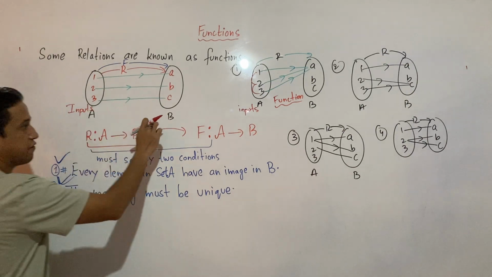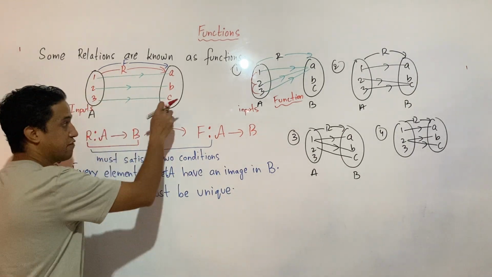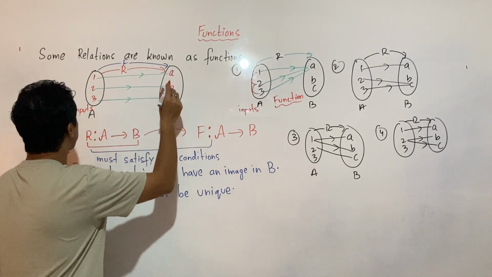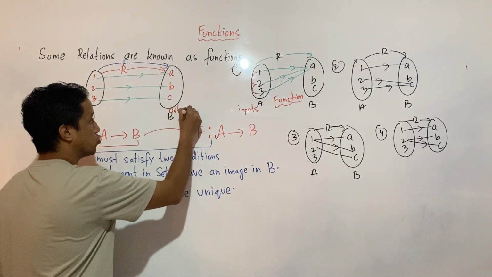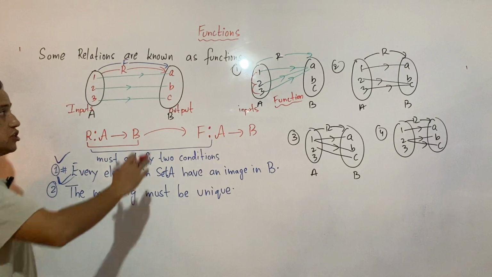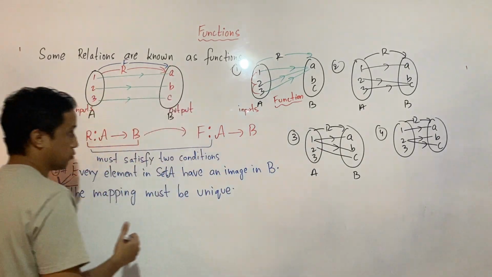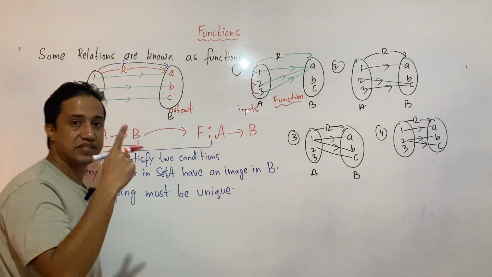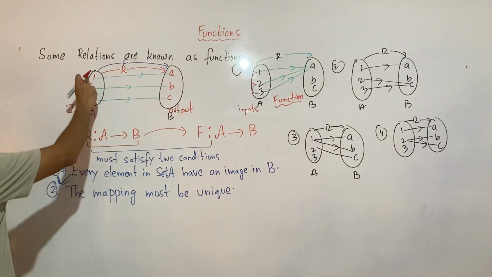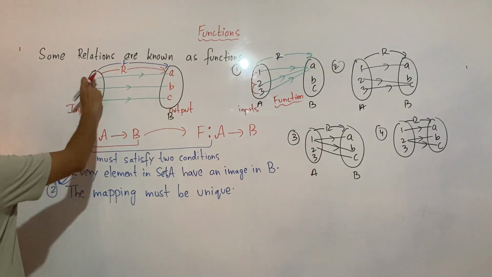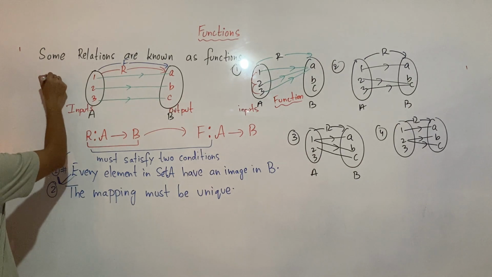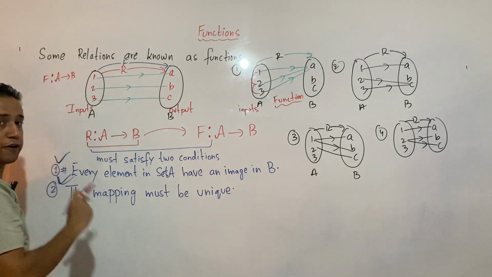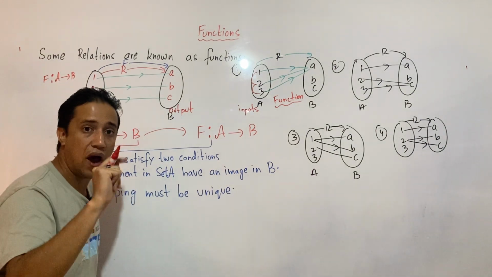The set of elements in B, or the set of images, is known as outputs. The set of images represents the output. So unique mapping means that for one input you must have one output. For example, if this is a function f that goes from A to B, then when you give this function any input, it must give you one output in return.